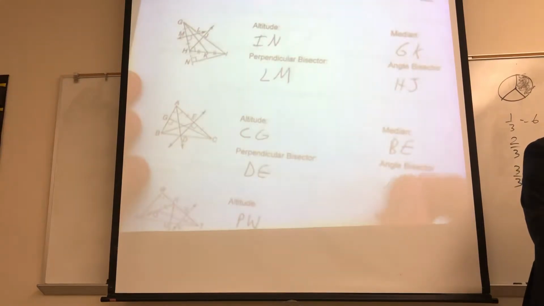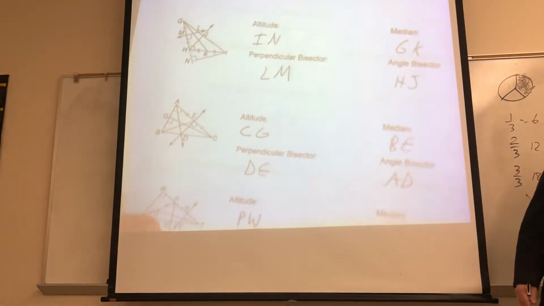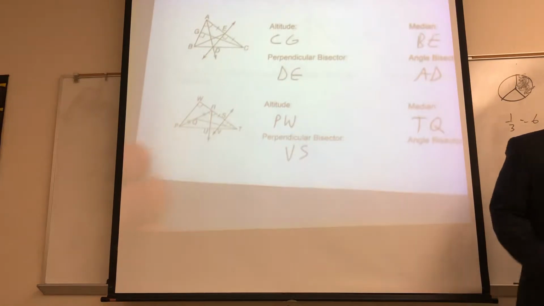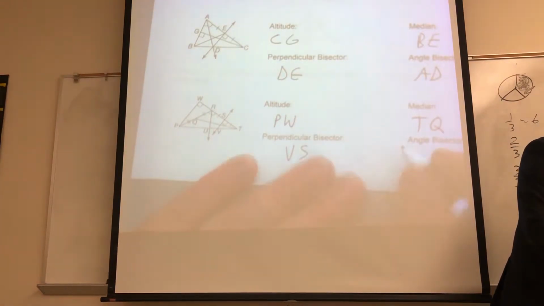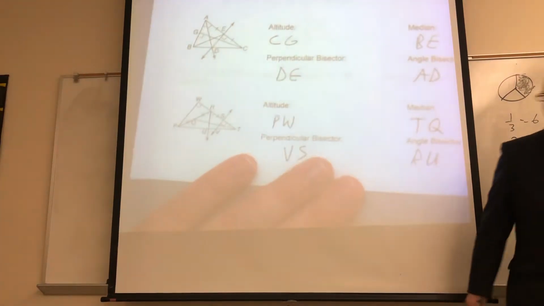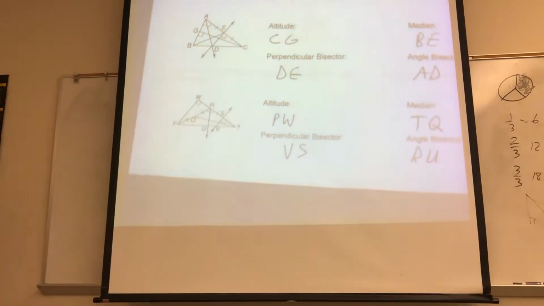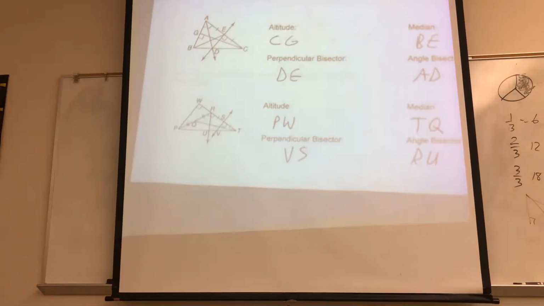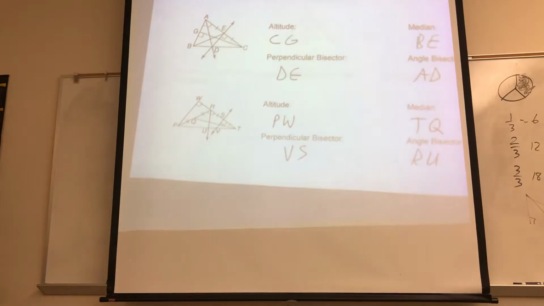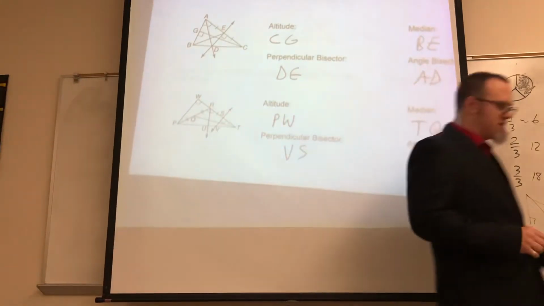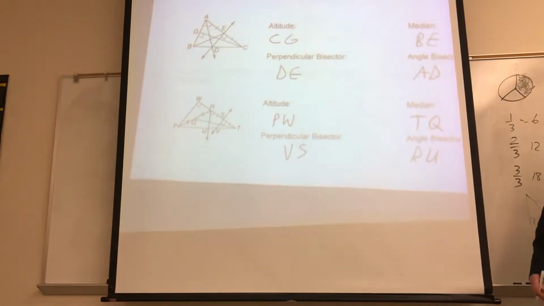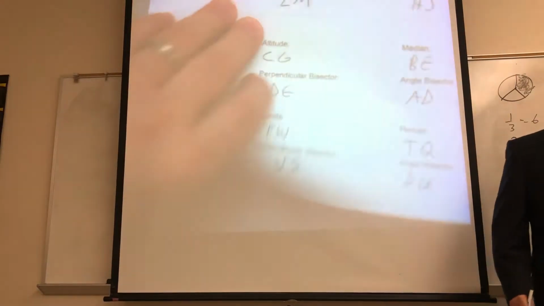On this one, we're looking at AD for my angle bisector. And then on the very last one, the angle bisector is going to be RU. Okay? If you do end up with some of these on the test, again, there'll be a cheat sheet, a reference document that you can use to try to find what it is that you're looking for, and you can get to where you need to get.